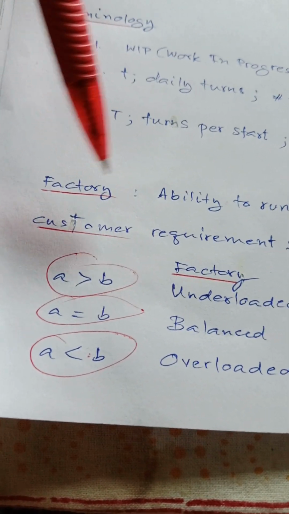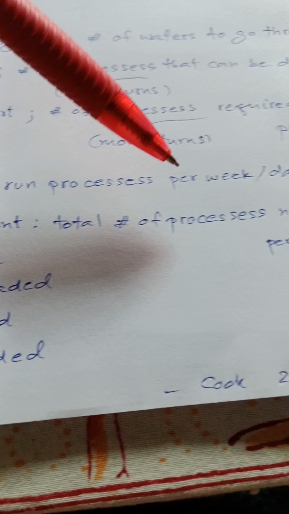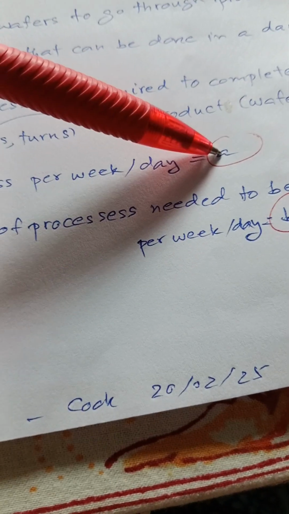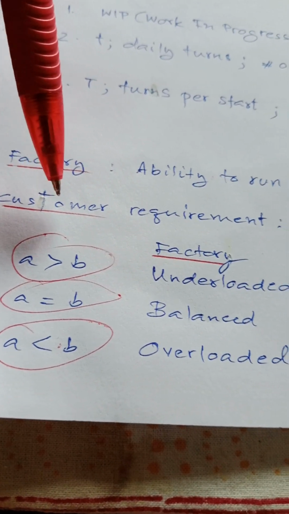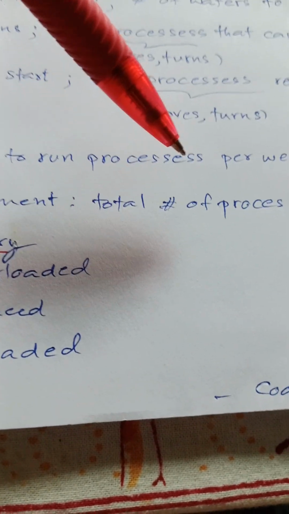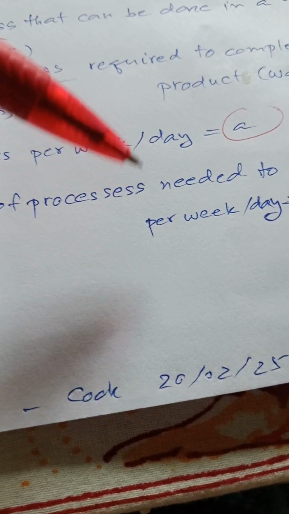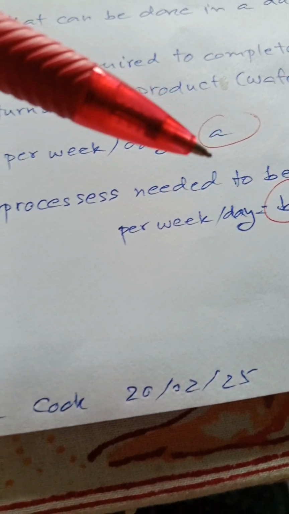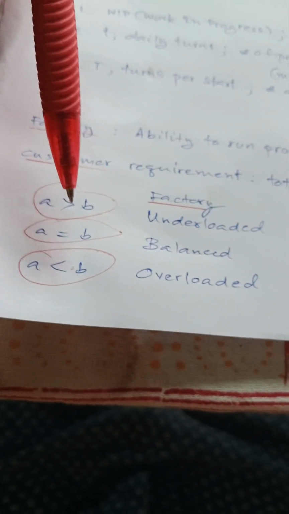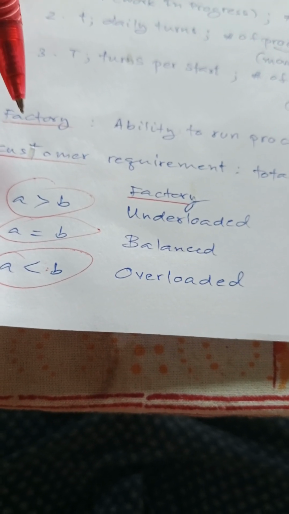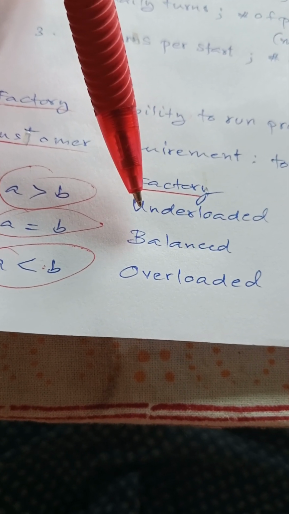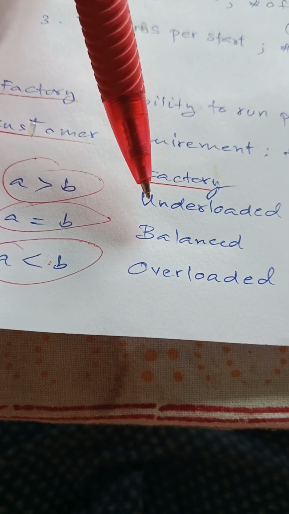It means that if the factory has the ability to run processes per week or per day equal to A, and for the customer requirement, the total number of processes needed to be done per week or day is equal to B, you compare between A and B. If A is greater than B, A belonging to the factory's ability, that means the factory is able to complete your products.